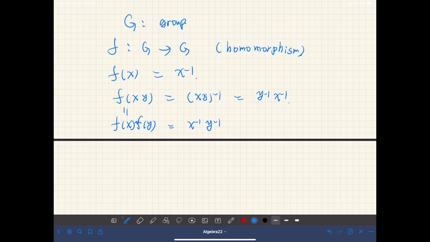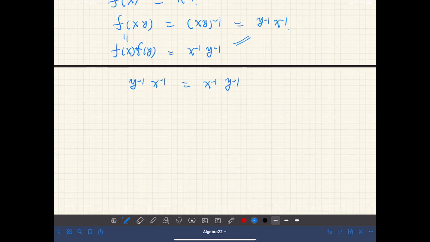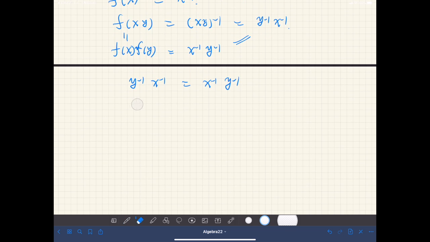So therefore this is equal to this, right? So we have y inverse x inverse is equal to x inverse y inverse. And from this, we can conclude that xy is equal to yx.